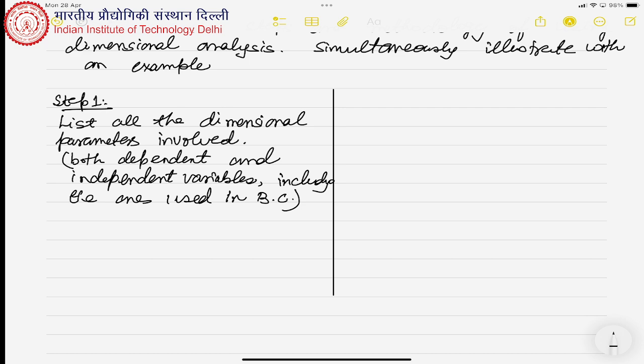And as an example here, on the right hand side, as I said, I will take an example.